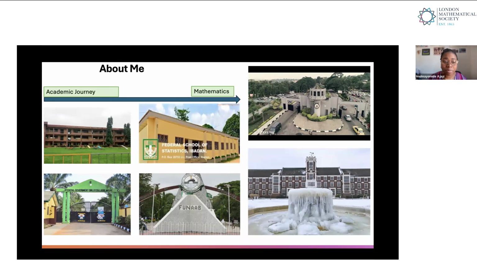This is a picture of my primary school on the top left-hand side, where I fell in love with maths. In this school, I had experience of having a good math teacher and a bad math teacher. I had a good math teacher up until primary 4. And in primary 4, they brought this teacher from nowhere, and he started teaching.